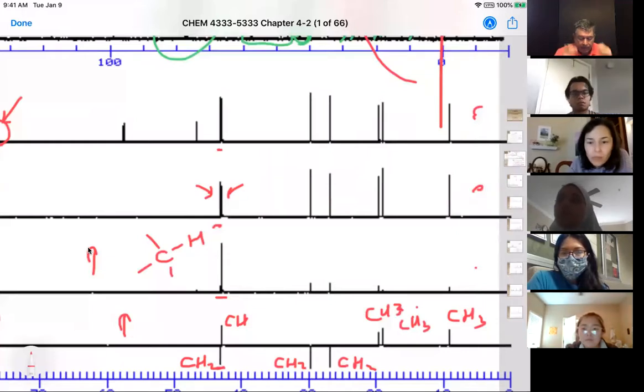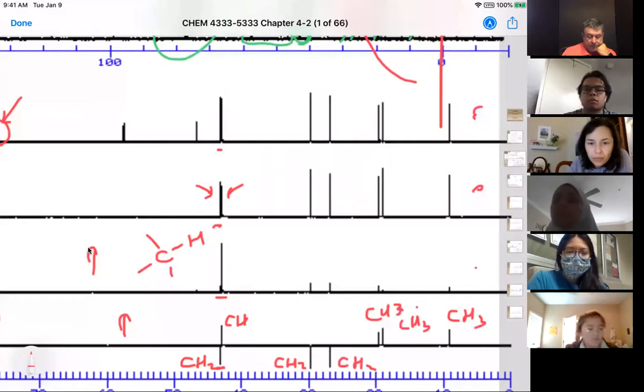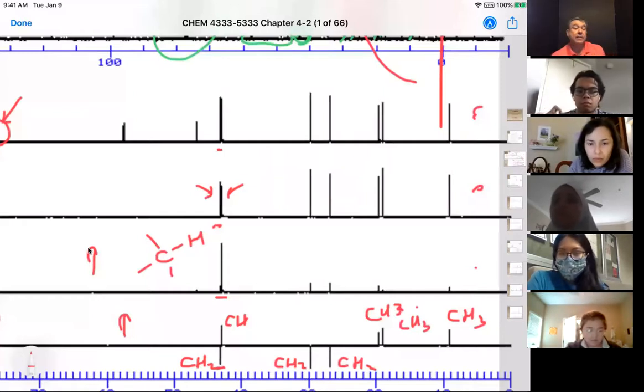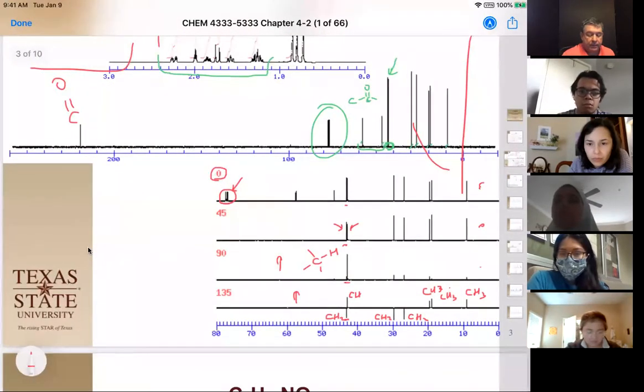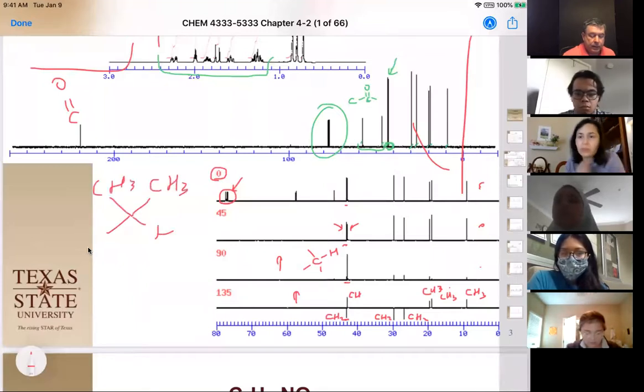All right, so we have some structure here. We have one CH2 and then a couple CH3. So that's telling me that maybe we have a structure that has CH3, CH3, H on it there.